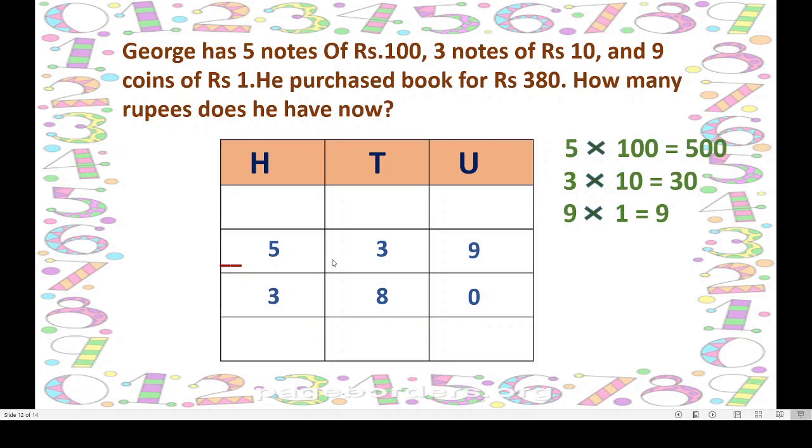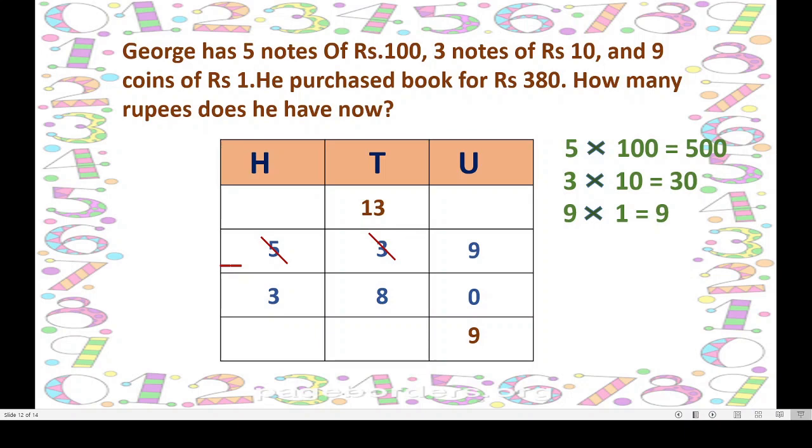Okay, we will begin our sum with the unit place. 9 minus 0, 9. 3 minus 8, not possible. So here it borrows 1 from this 5. This is 500, it unties and it becomes 400 plus 10 tens. Correct? These 10 tens plus 3 tens together make 13 tens. Right?